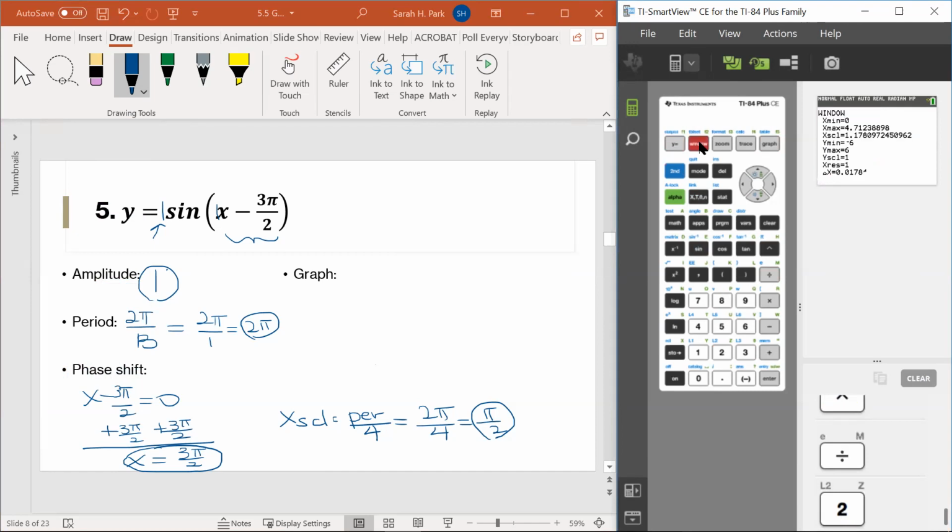Then we want our window to be, so for your x min, I want you to put in your phase shift. Your phase shift is your starting point, so that's going to be your minimum value. Instead of starting at 0, we're going to start at 3 pi over 2.